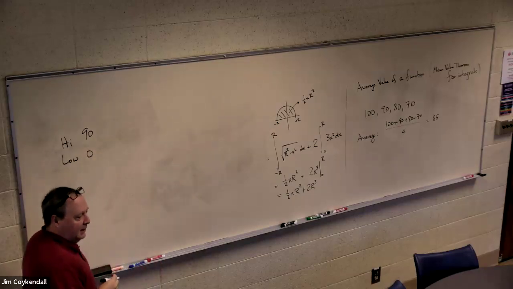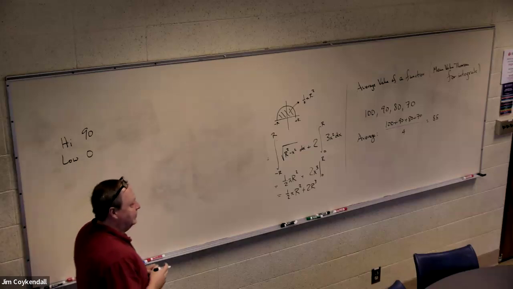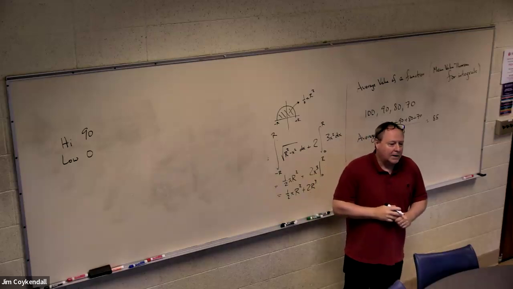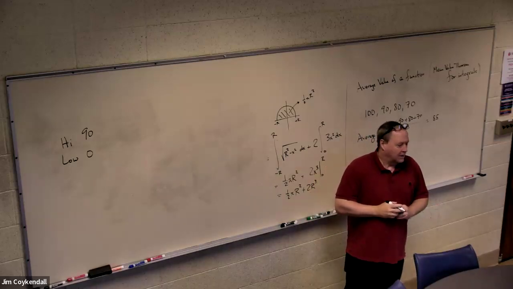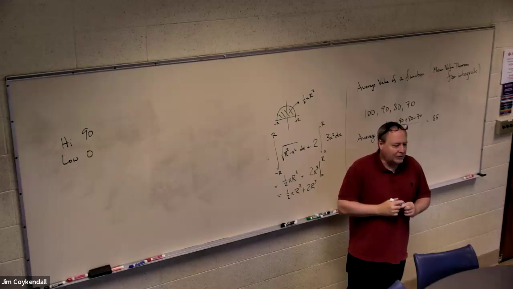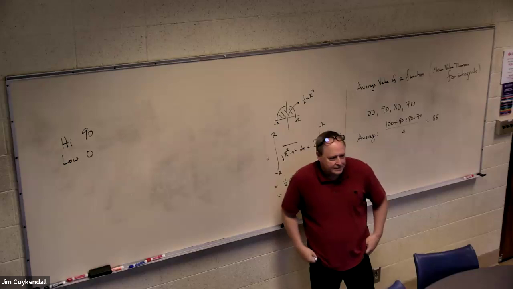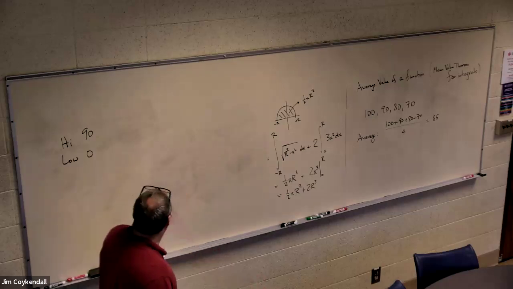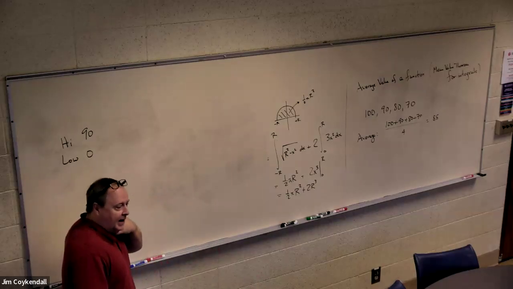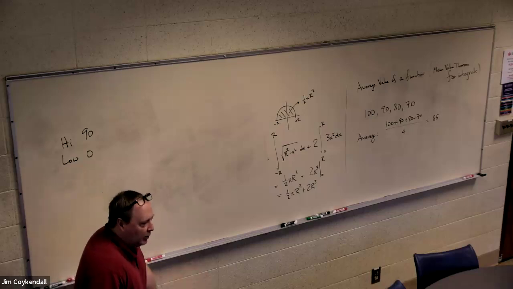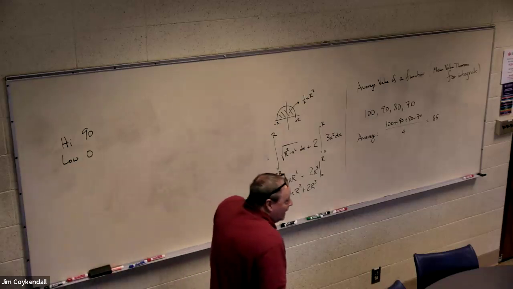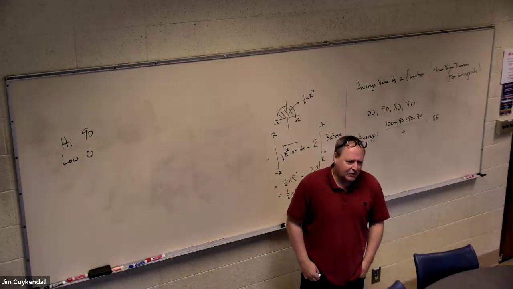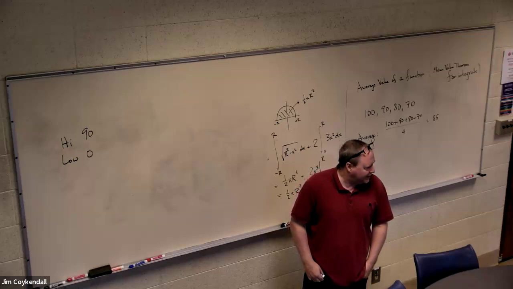I'm pretending that happens. So the high is 90, the low is 0. What do you suppose the average temperature of the day is? So 45, right? Add them up, divide by 2. Given the data I gave you, I can't expect you to make a more reasonable guess. But would anybody criticize just averaging these two for what the average temperature per day is?